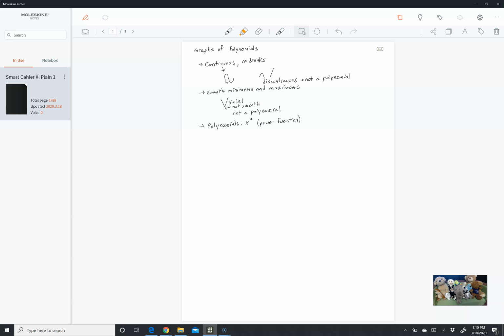And the higher the power, the flatter the graph. So we can actually have some idea what this graph looks like just from looking at the equation of the function. The higher the power, the flatter it gets. And we'll show you what that looks like.